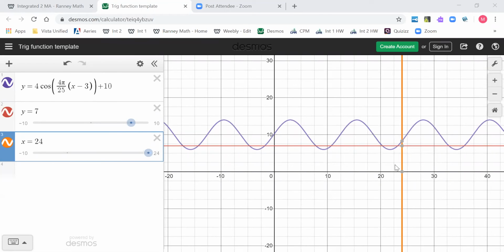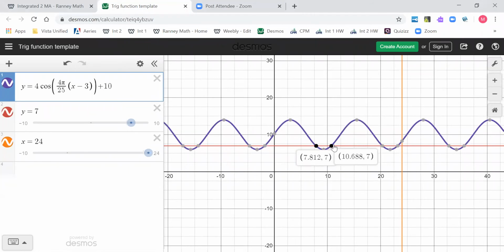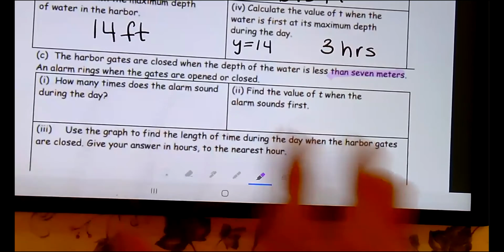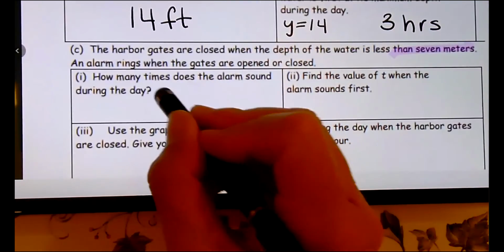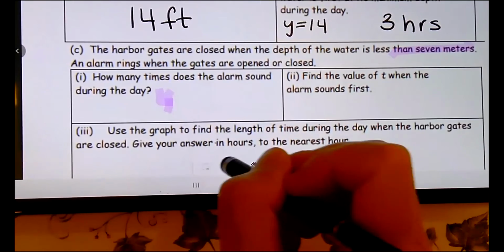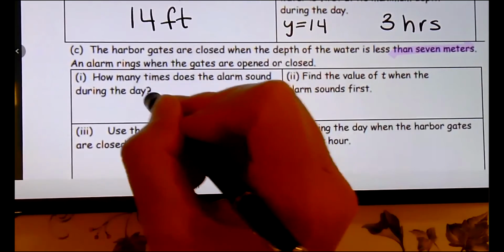So that's within 24 hours. I just have this line here in orange so I can see. So you can see it's going to be 1 time, 2 times, 3 times, 4 times that's going to happen from 0 to 24 hours. So that's what they're asking us when it says, how many times a day does the alarm sound off? So let me get back to that screen. And so this is going to be 4 times.